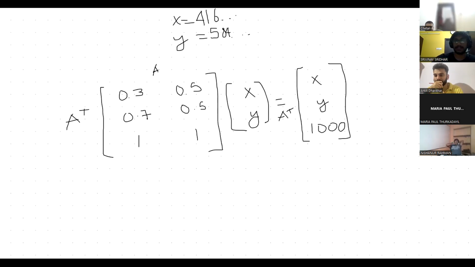So why are we doing A transpose A? To make it a square matrix. So that we get a square matrix. You understand? Because A transpose A is always a square matrix.